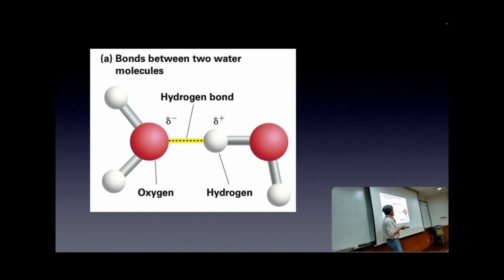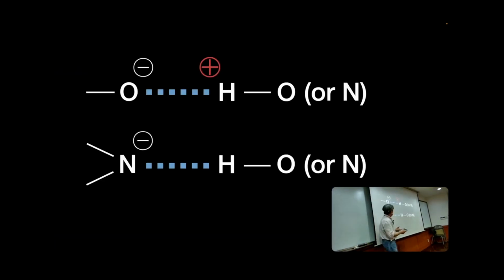So either oxygen or nitrogen here: hydrogen with oxygen, and then some nitrogen over there which is also electronegative, then a hydrogen bond will be formed between these two. Same thing over here, oxygen and oxygen. So anytime you see a hydrogen and nitrogen or oxygen involved in a covalent bond, you automatically think, oh, some hydrogen bond will be formed.